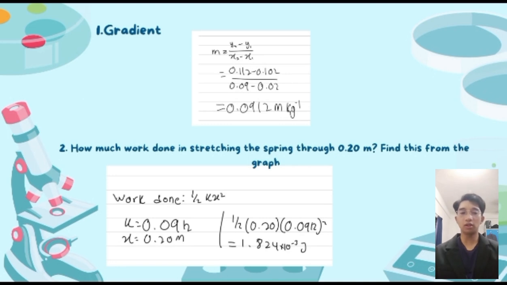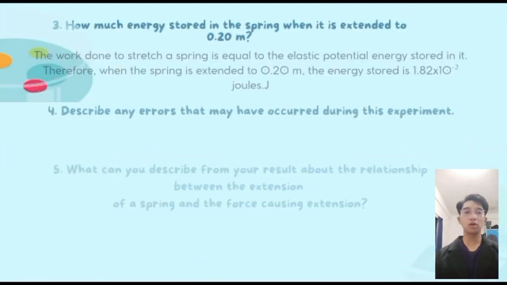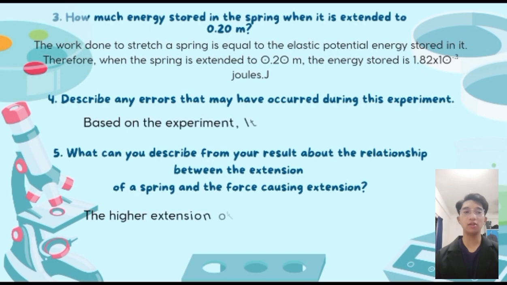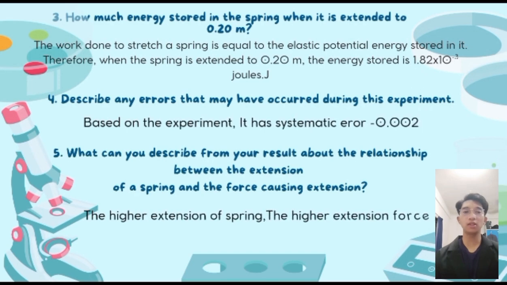And how to find the total work is 1/2 kx squared, and we get 1.824 × 10^-3 joule.